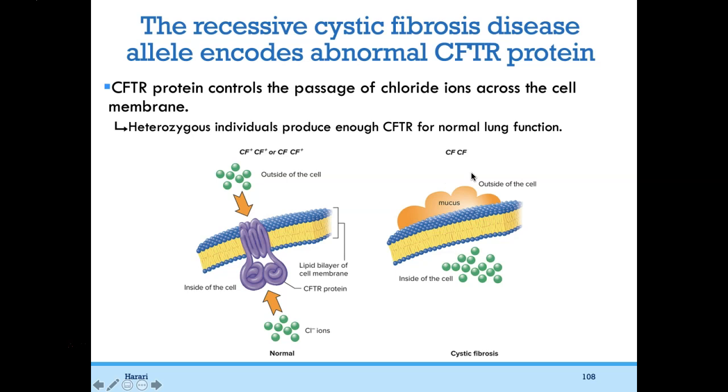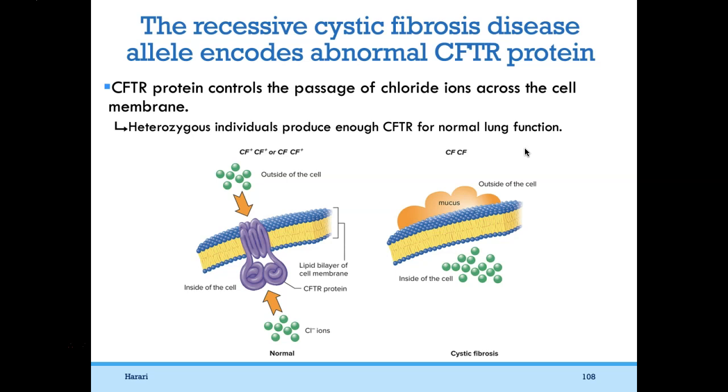ions cannot pass through at all. And what's going to happen is there's going to be a lot of thick mucus built up on the outside of the cells. So when chloride is stuck inside, mucus starts building on the outside. And this really thick mucus actually causes pancreatic deficiencies, in addition to breathing issues and lung issues.